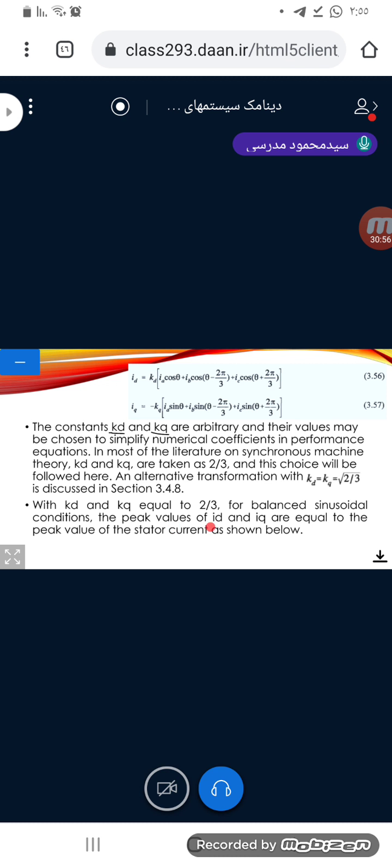the peak values of ID and IQ are equal to the peak value of the stator currents, as shown below.